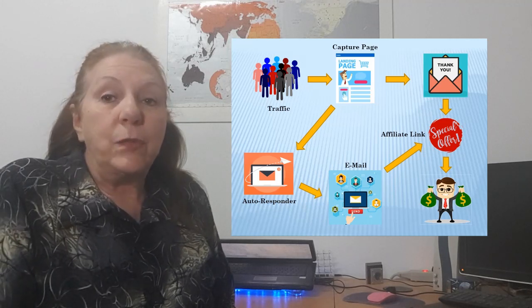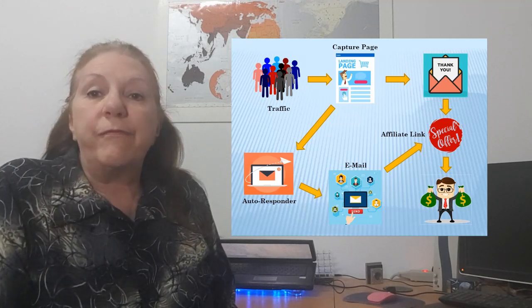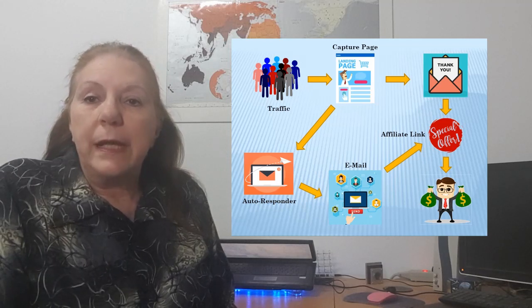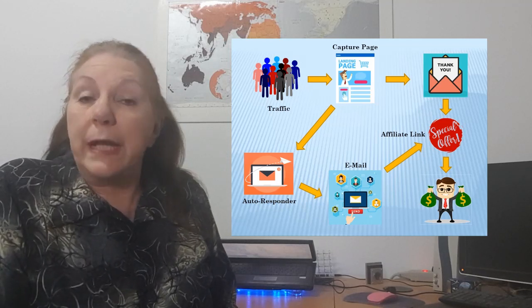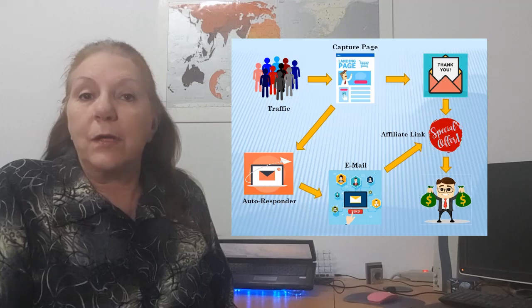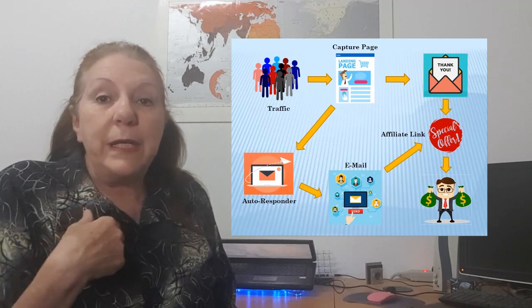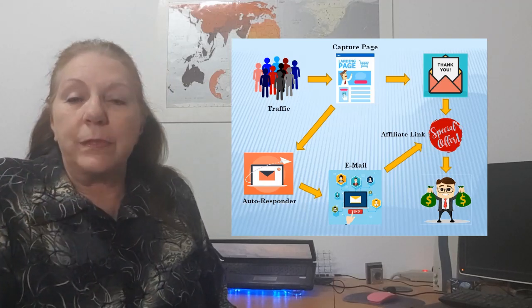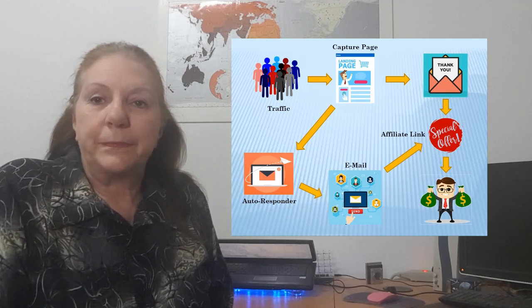I will explain the system and the flow of the different steps, and make sure you take notes and ask questions in the comment box if you want me to explain more in depth directly to you.